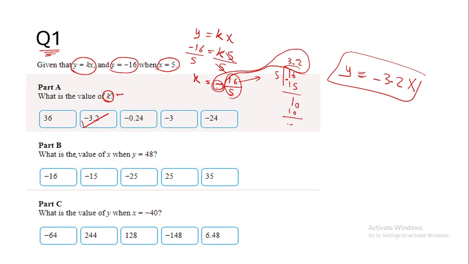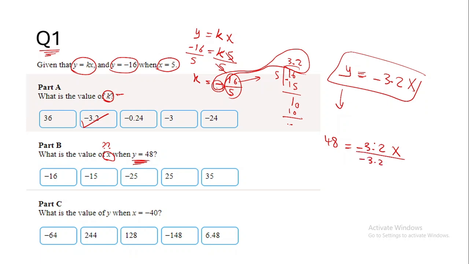Now, let's have part B. What is the value of x when y equals 48? So we'll use the equation as we said. So 48 would be equal to -3.2x. To have x only on this side, we have to divide by -3.2.